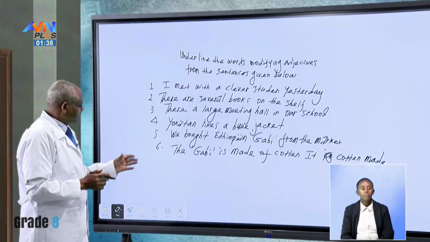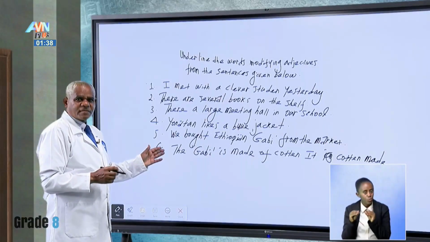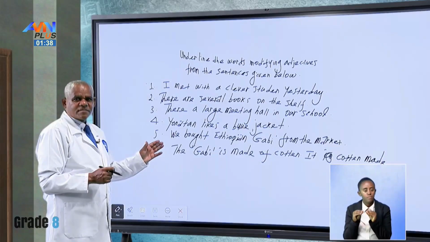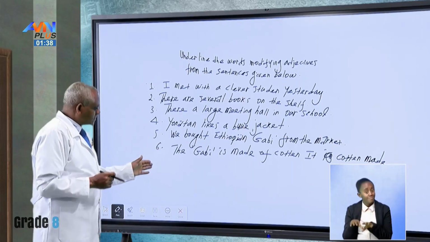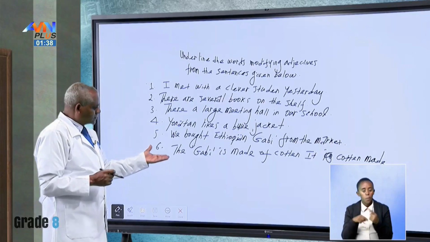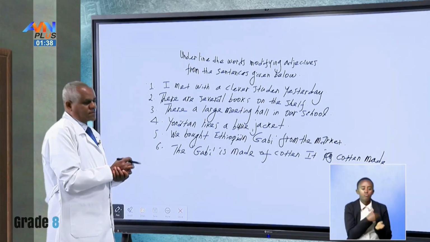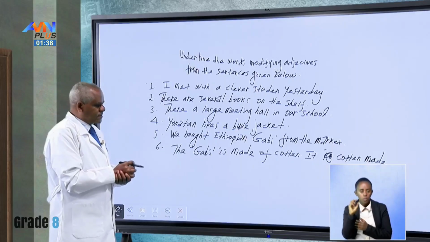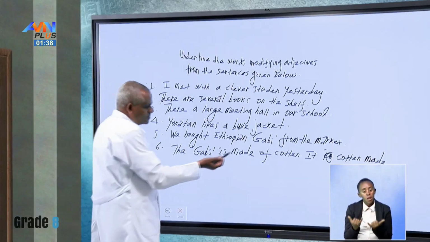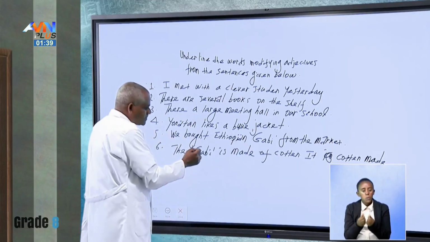All right. Sentences. All right. So, when it comes to this last sentence, right? The gabi is made of cotton. It is cotton made. Right? So, still now, cotton is modifying what? The gabi.